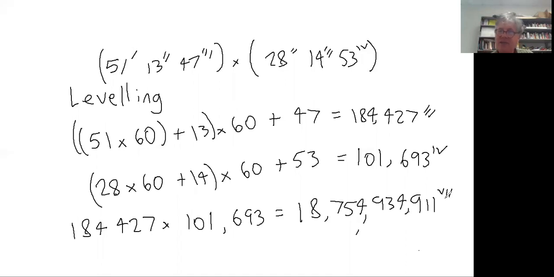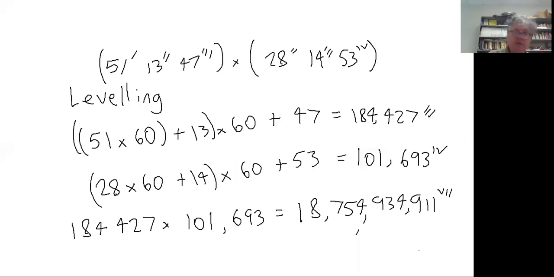You get the number of sixths, you divide that by 60 to get the number of fifths, etc. And if it's seconds times minutes times seconds, the top answer is probably going to be something like thirds. Let's just check on that.